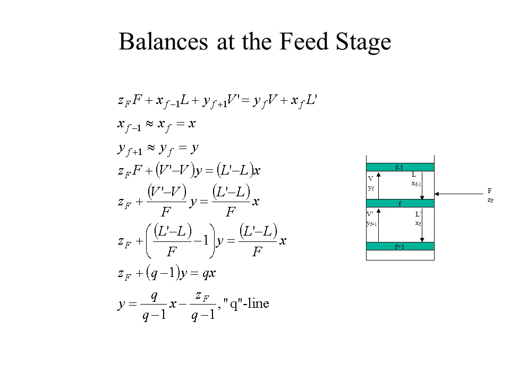Finally, we're going to do a component balance at the feed stage. Here Z sub F is the concentration, or mole fraction, of our feed times the total feed flow, and then that will be added to the liquid phase of our component, X sub F minus 1 times L, and the vapor phase, Y sub F plus 1 times V prime, and that will equal Y sub F times V plus X sub F times L prime.